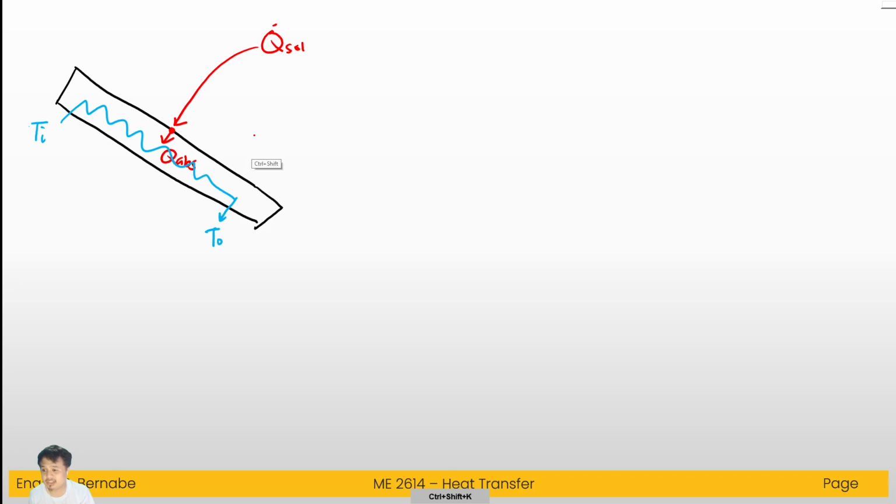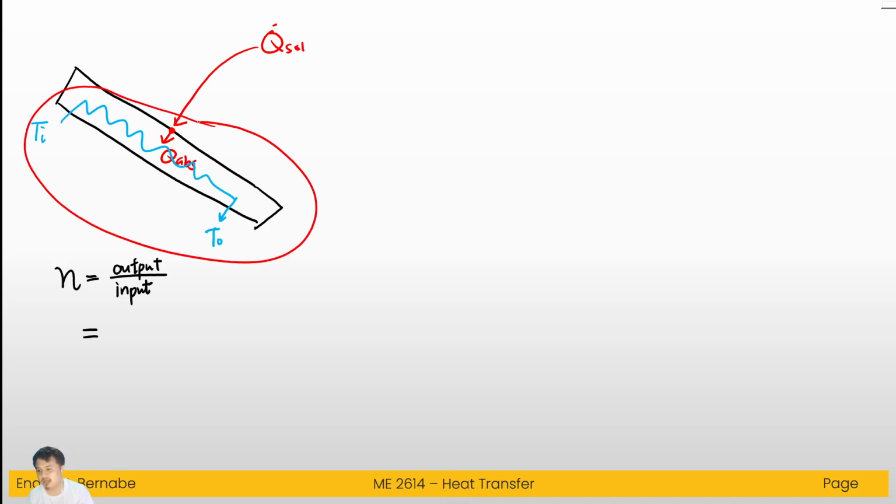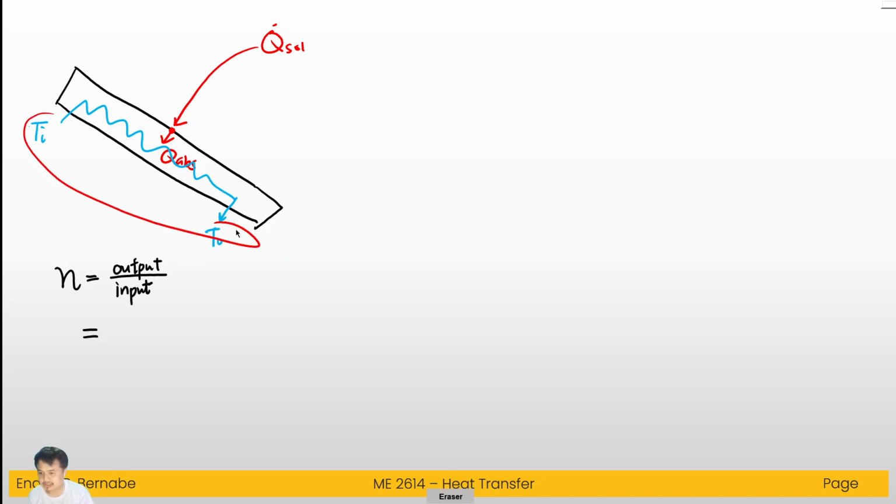We are interested in efficiency, and we all know that efficiency is just how much output is utilized versus the input of the system. In this case, the output is the absorbed heat, which is how much is utilized as a way to heat your water. So this will be Q absorbed.